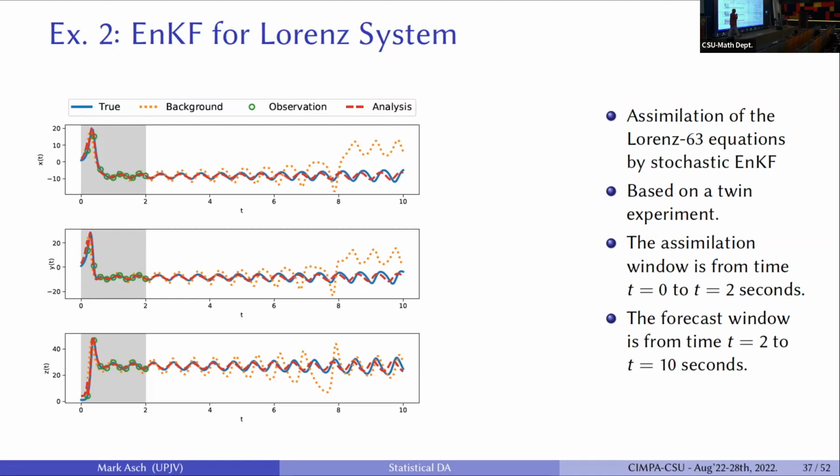So the Kalman filter is assimilating a noisy chaotic system with noise. It's not an easy problem to solve, to predict without any information. Just using a simulation of 2 seconds, I can predict quite a way, whereas if I hadn't used the Kalman filter, very quickly you can see with the orange, the background solution, which is without the Kalman filter, would start to deviate and get very far away.